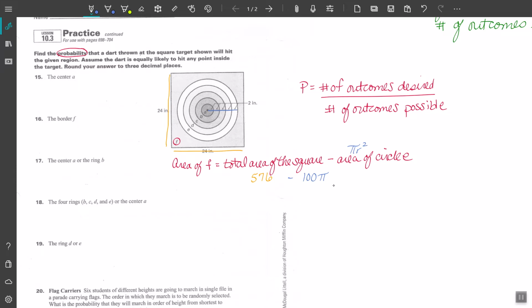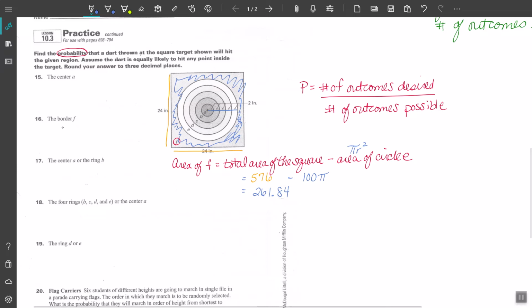So if we subtract the two of those, we're going to get the area of F, just the border. And that should come out to 261.84. So the area of F is 261.84. So we're talking about all this grayed out area that I'm shading in here as blue. All right, that whole thing is 261.84. That's our desired outcome in number 16.